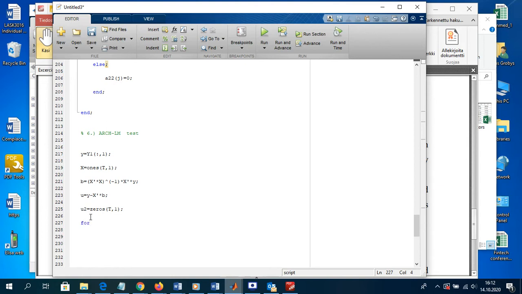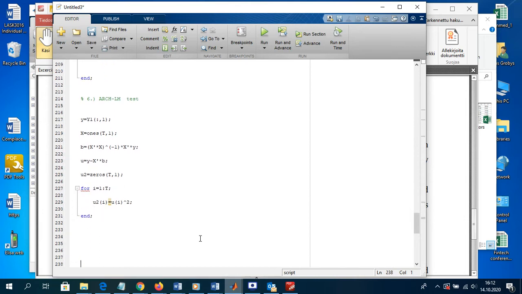Now we operate with a for loop for i equal to 1 to capital T. The element i in the vector U2 should be equal to u_i squared. That's it, very simple.